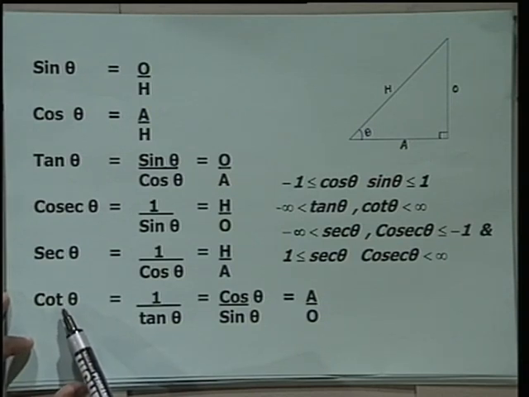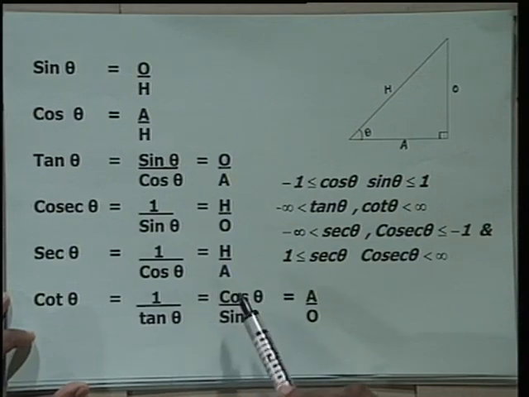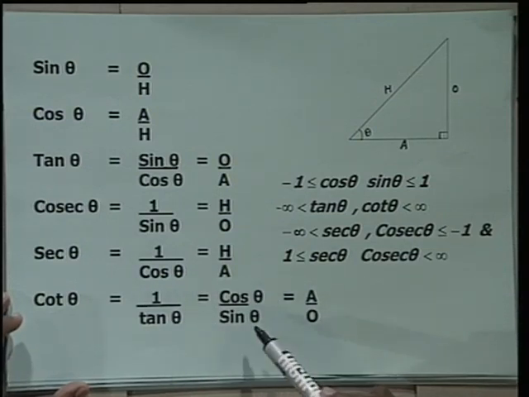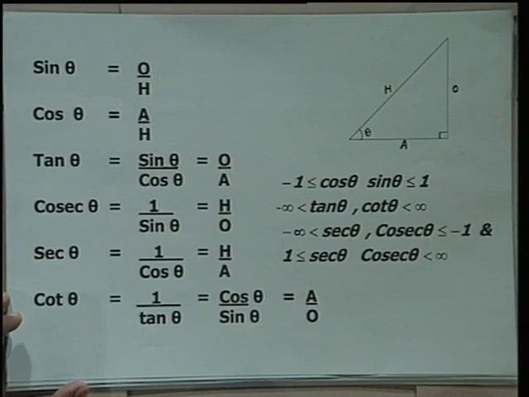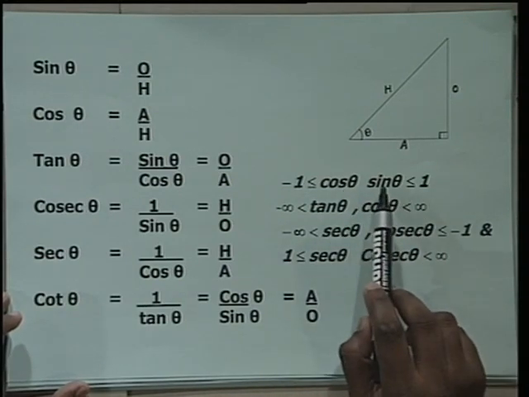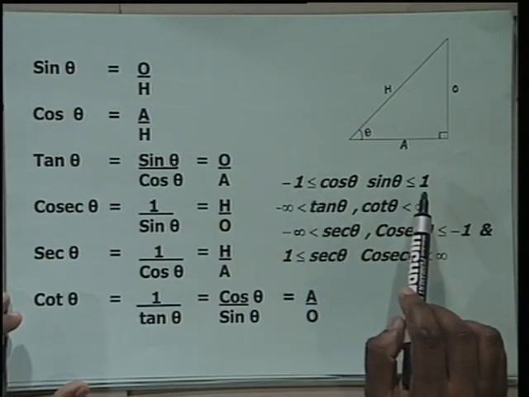Cotangent theta, or simply cot theta, is equal to 1 over tan theta. It is equal to cos theta over sine theta. It is also equal to length of adjacent side divided by length of opposite side. Also, remember that the value of cos and sine must always be between -1 and 1.